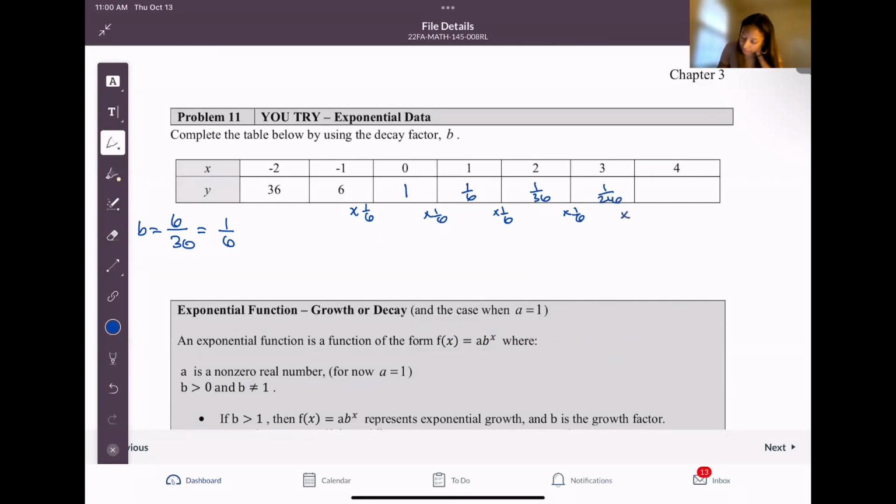And if we multiply by 1/6 one more time, you get 1/1296. You can write those as decimals if you want to, but you can leave them as fractions also. It's a little clearer, I think, when you write it as fractions.